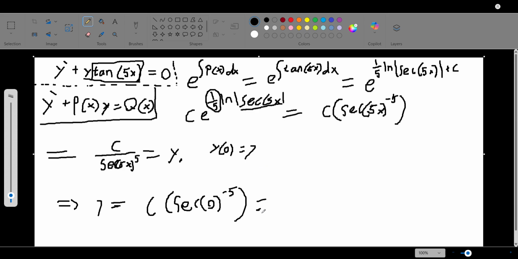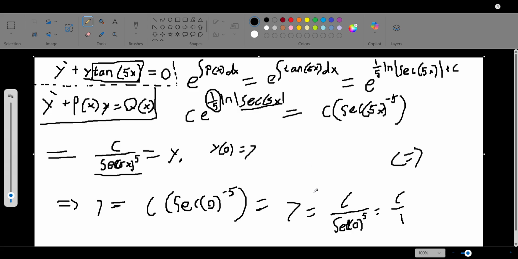So 7 is equal to, I'm going to use this form again, I apologize for swapping between forms, c over 1, which means that c is equal to 7.